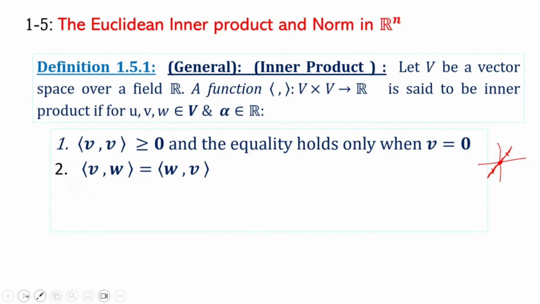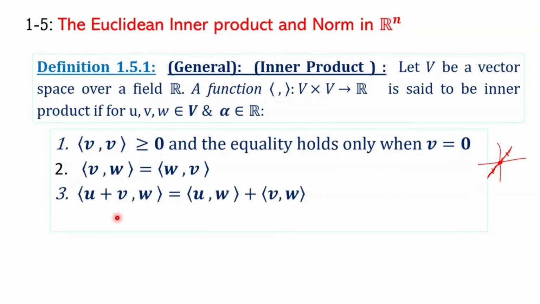The third property is known as the distributive property, which says that (u plus v, w) is equal to (u, w) plus (v, w); you can separate this part and then the equality happens. The fourth is that if alpha is a scalar, then (alpha v, w) equals alpha times (v, w); the scalar can go out.